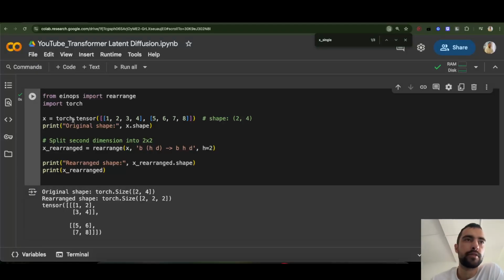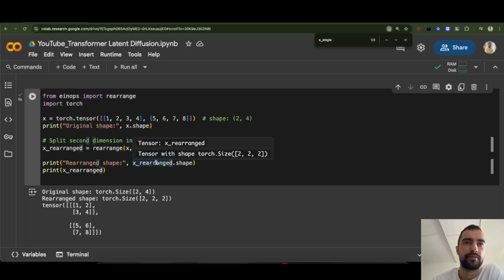Let's see this now. We have this storage tensor 1, 2, 3, 4, 5, 6, 7, 8, and this is the original shape 2, 4. So if I say rearrange x tensor, b is going to be the first dimension 2, and then the second dimension will be split into h and d.